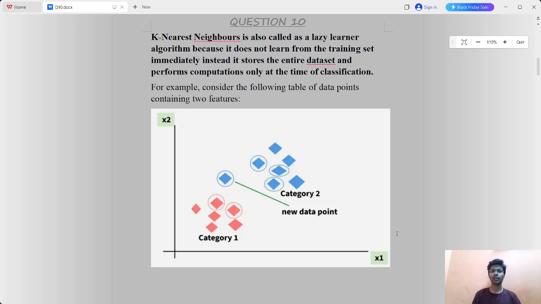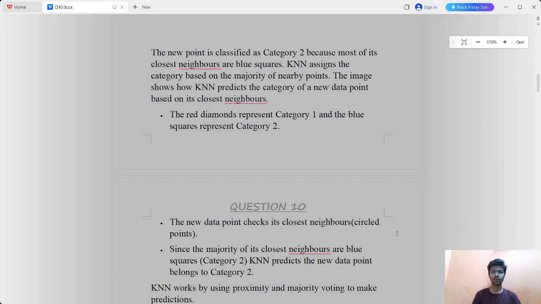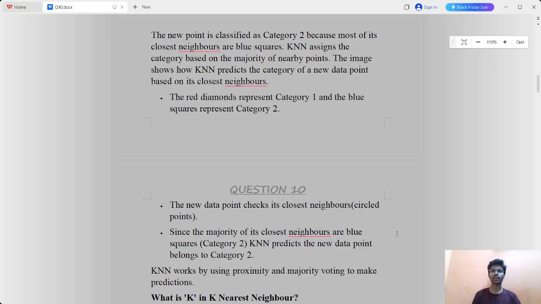For example, consider the following table of data points containing two features. We have a new data point, and category 1 and category 2 data. The new point is classified as category 2 because most of its closest neighbors are blue squares, and KNN assigns the category based on the majority of neighbor points. The image shows how KNN predicts the category of a new data point based on its nearest neighbors.